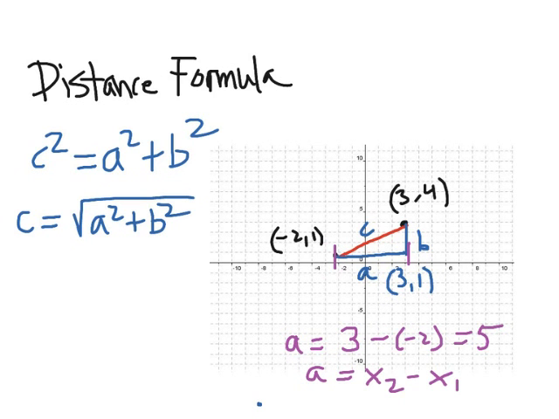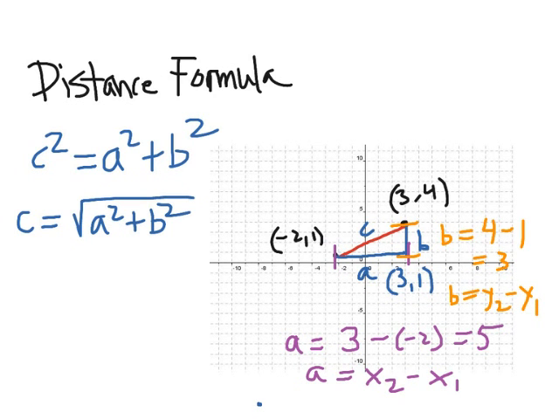We subtract the x numbers to find the A distance. Similarly, we can find the B distance by subtracting the y numbers. So B is 4, that's our highest point, minus 1, that's our lowest point, that's 3. So to find B, we subtract the y values, y2 minus y1.